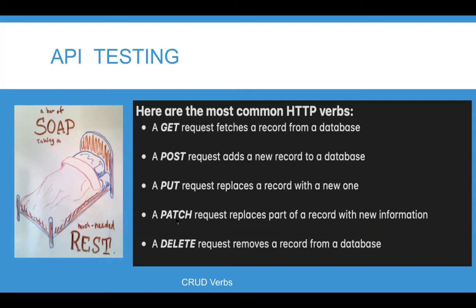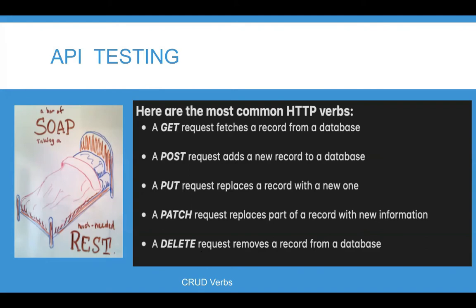This PATCH one is also similar to PUT. You are replacing part of something with the new information, right? That's what a PATCH does. And then DELETE is you are removing that record from your server or your database.